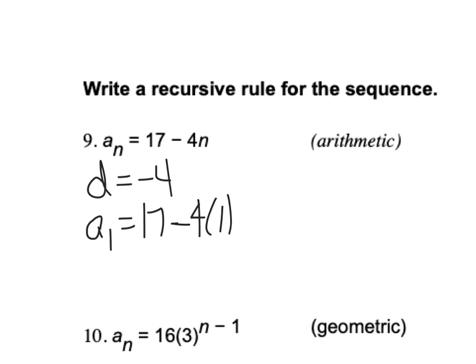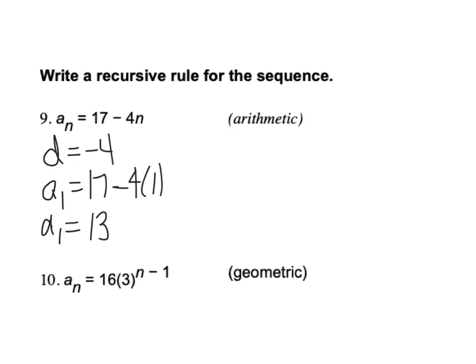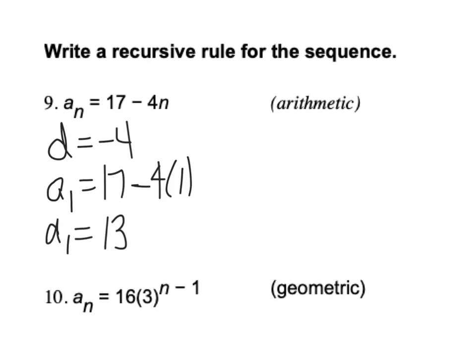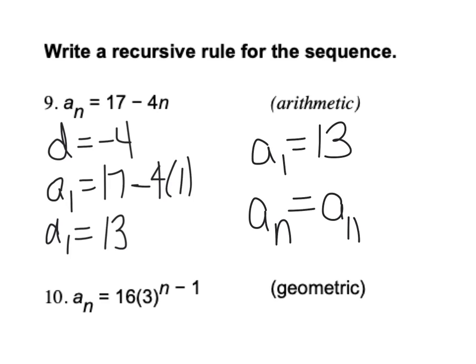So our first term is 13. So if we are going to write our recursive rule, we define a sub 1, we said was 13, and our rule a sub n equals a sub n minus 1. Oops, n, that's an n. And our difference is 4.